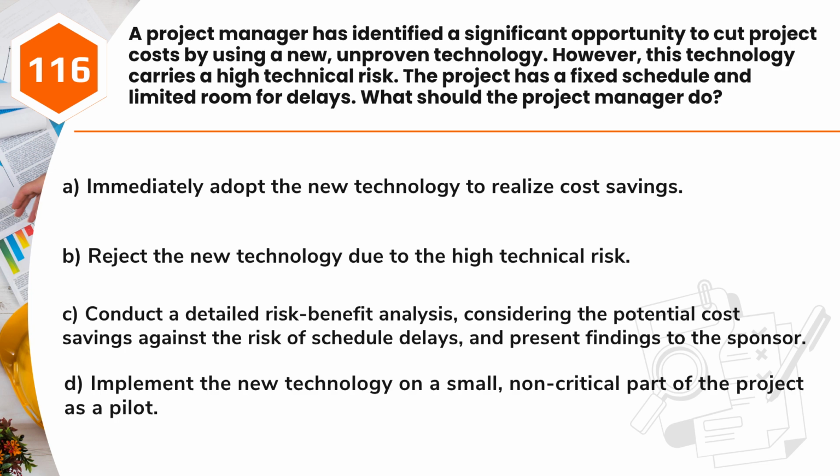A. Immediately adopt the new technology to realize cost savings. B. Reject the new technology due to the high technical risk. C. Conduct a detailed risk-benefit analysis, considering the potential cost savings against the risk of schedule delays, and present findings to the sponsor. D. Implement the new technology on a small, non-critical part of the project as a pilot.